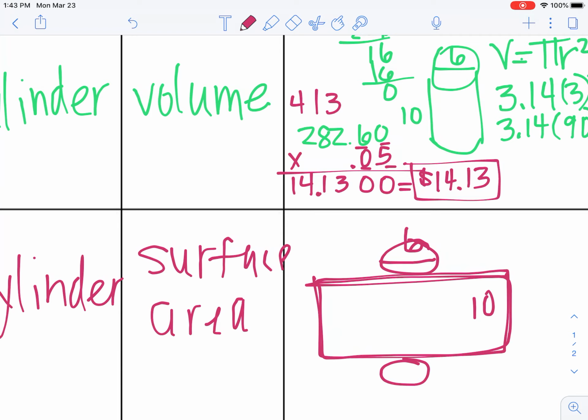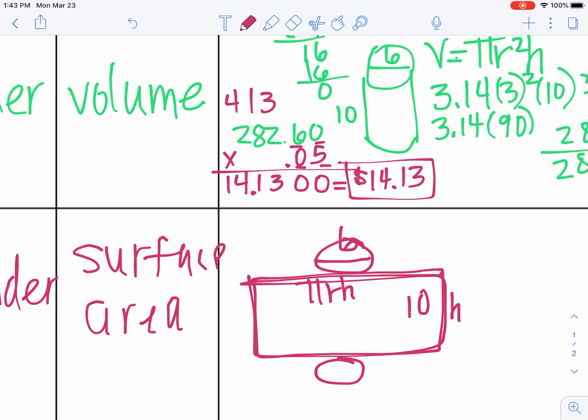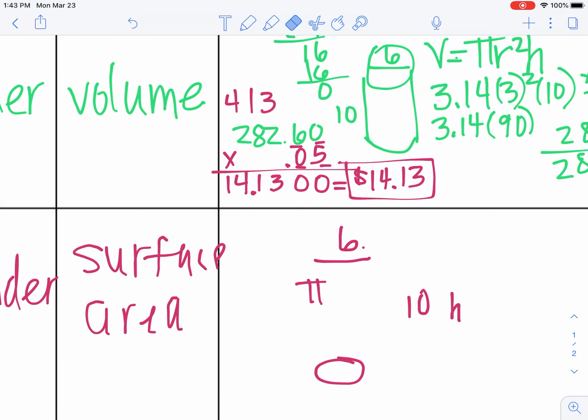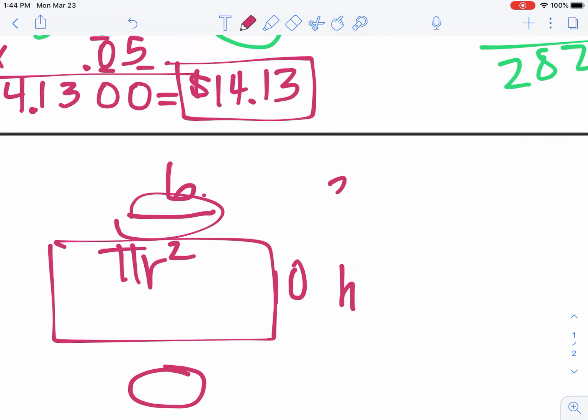So it has a height of 10. And this diameter, remember, this is h, and this is pi r, I'm sorry, not pi r h, pi r squared. So we are just going to do those pieces.